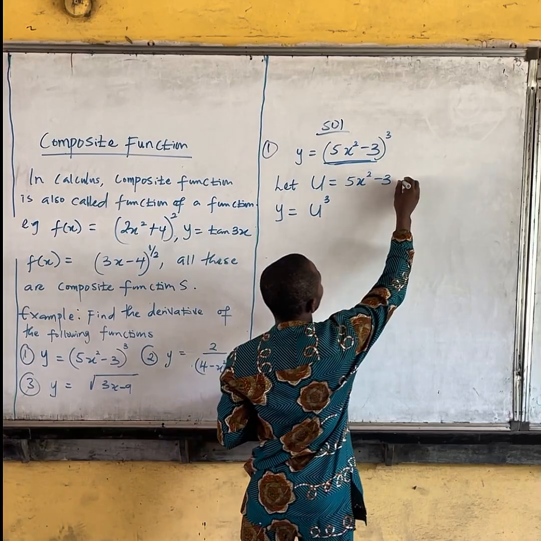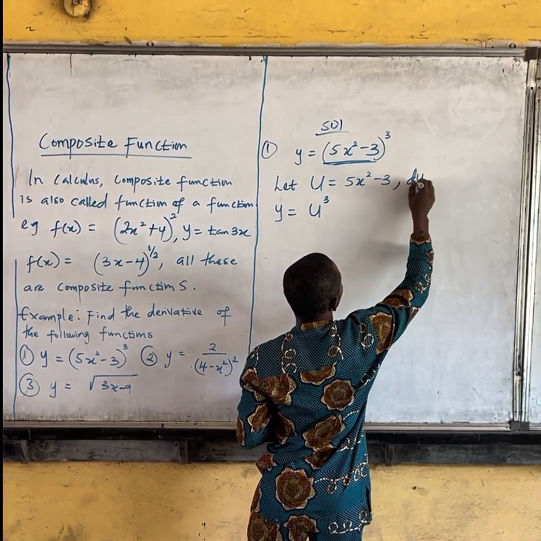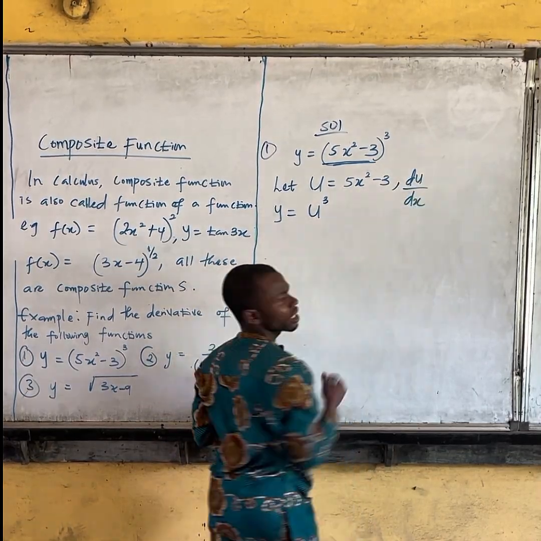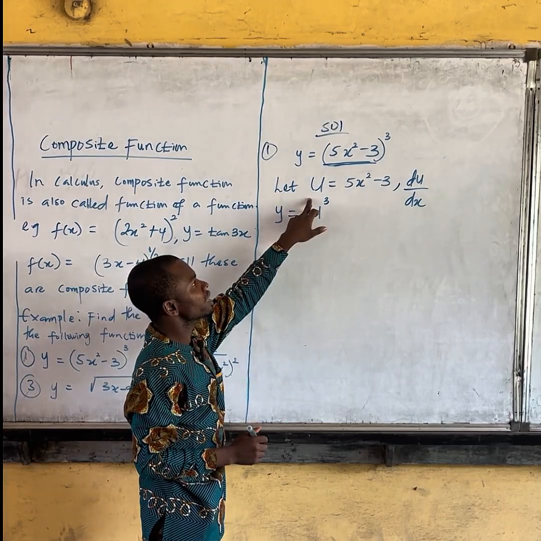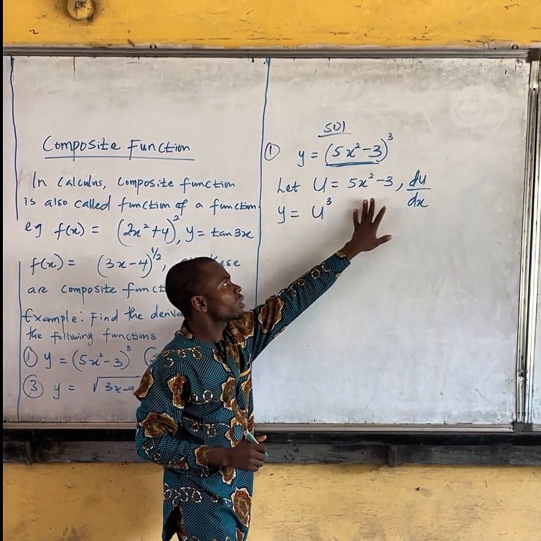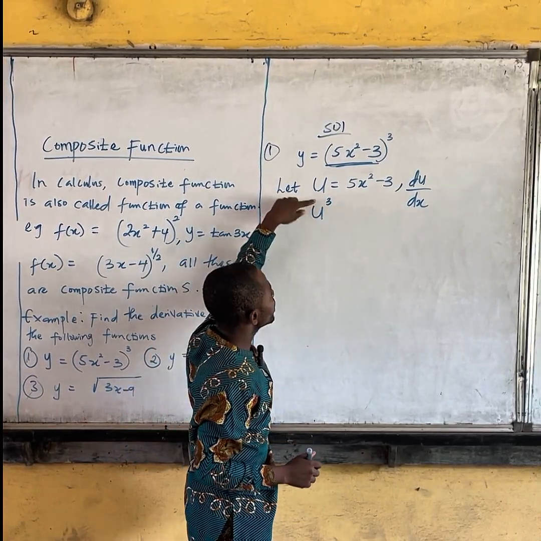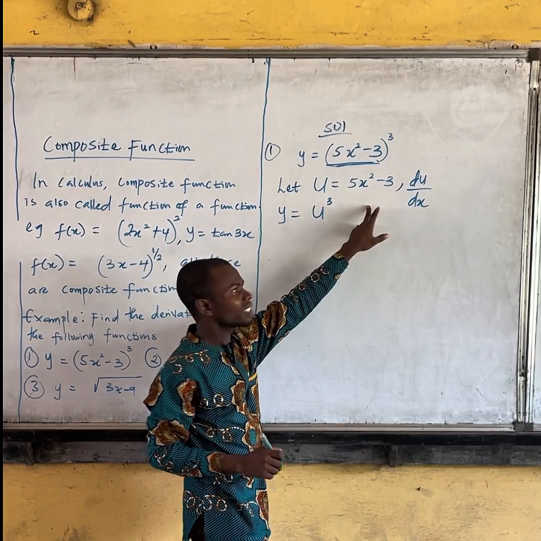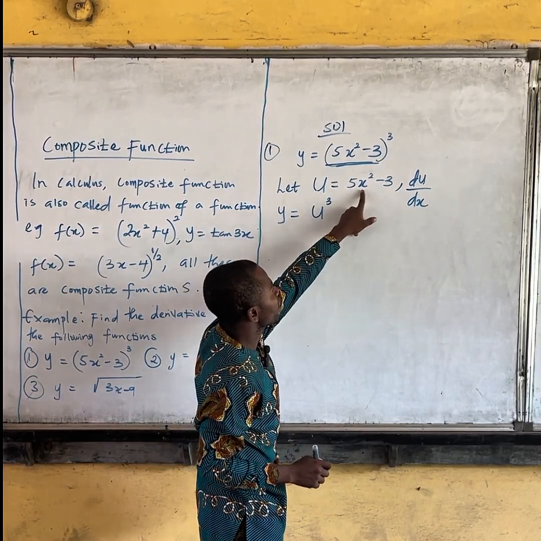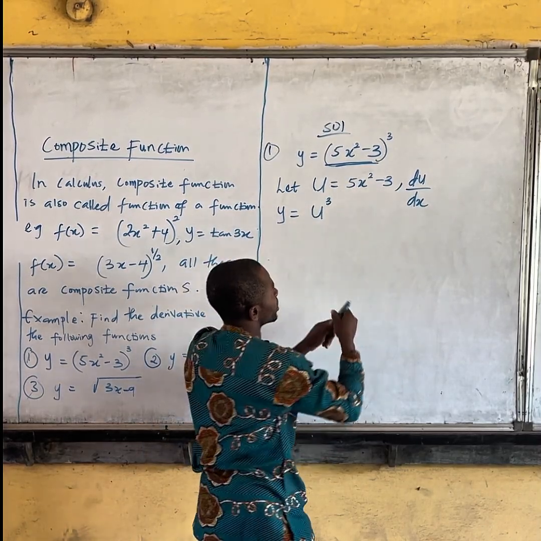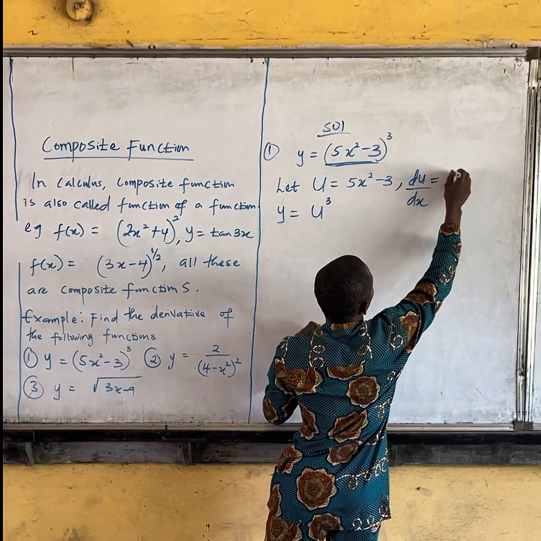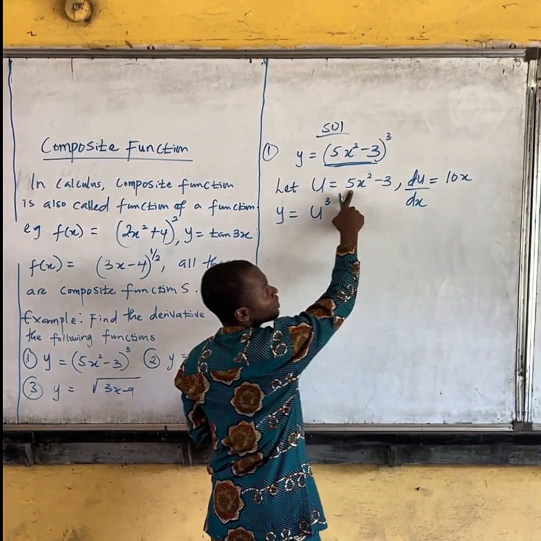So from this u, we can generate du over dx. Since our u is now 5x squared minus 3, I will now differentiate u with respect to x. If I differentiate u with respect to x, this will give me 10x from second principle. That is 2 times 5, 10.